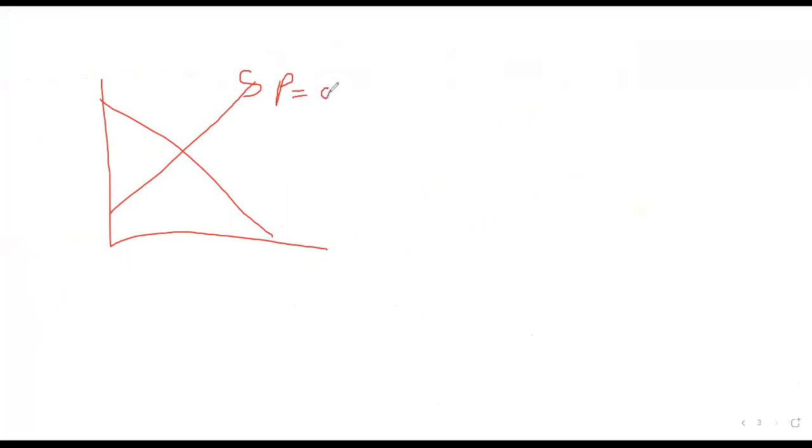P = A + bQ, because b is the slope. And demand is given by P = A - bQ. Now, this is just a recap of what we discussed in case you missed our class last week. I also sent the video.